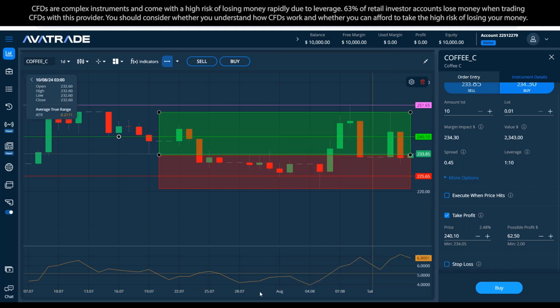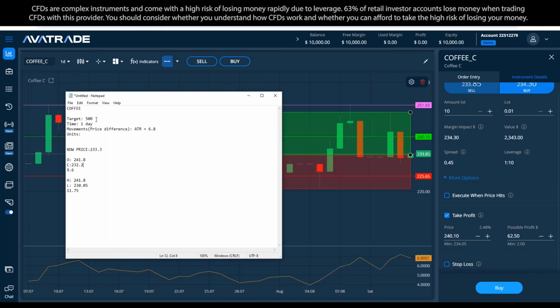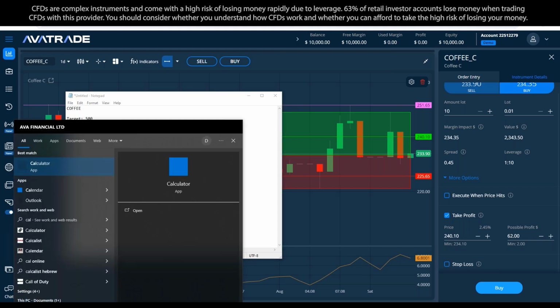Therefore, because I want to make 500, how many do I need? So I'm not sure that this 6.8 is really a number that I like. If I want to know how many units, I need to divide my target by my movement, and then I know the units. Therefore, 500 divided by 60 is how much, guys?